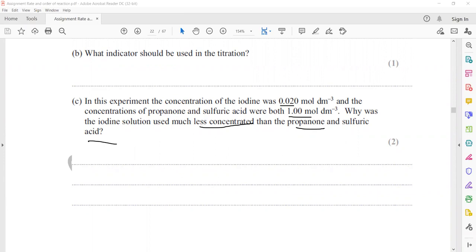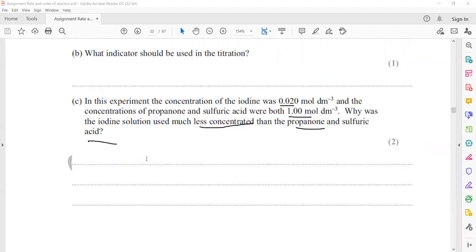So their concentration does not change, because we are finding the effect of change in concentration of iodine on the rate of reaction. So we can say propanol concentration or acid concentration is virtually constant. So therefore rate would only depend on change in concentration of iodine.